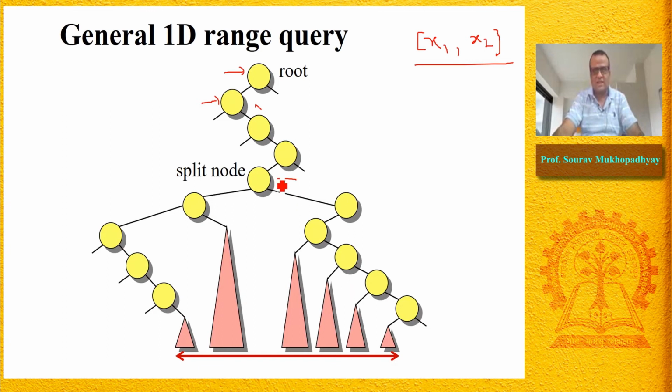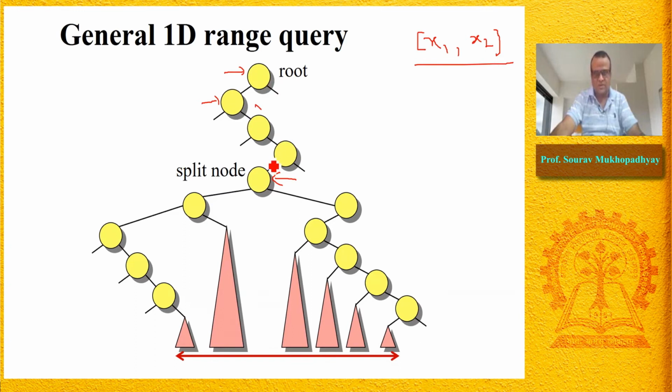In that case we have to go to both sides to get the points. This node is called the split node. Until we reach the split node, we keep traversing either left or right. We go left if there is nobody in the right part, or we go right if there is nobody in the left part, depending on the value of the key and this range.